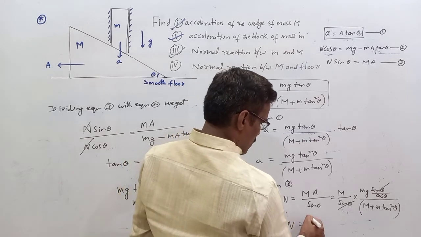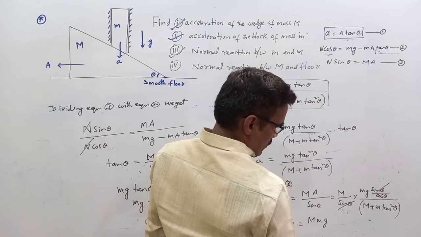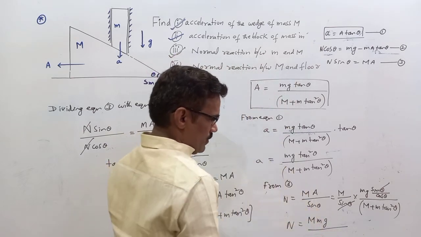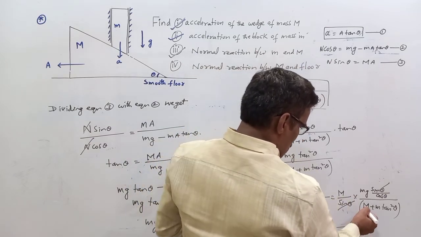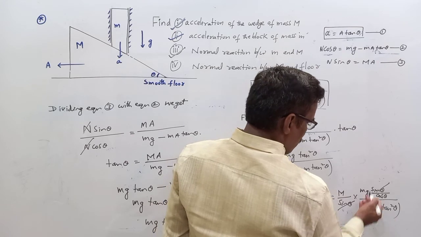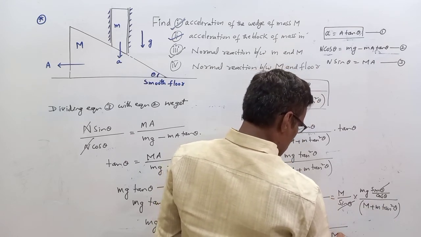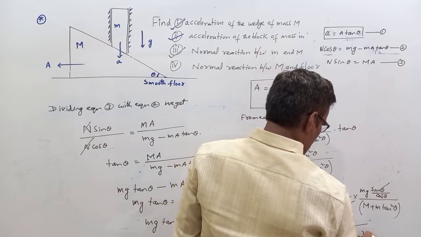N is equal to capital M small m g divided by cos theta into (capital M plus small m tan square theta).